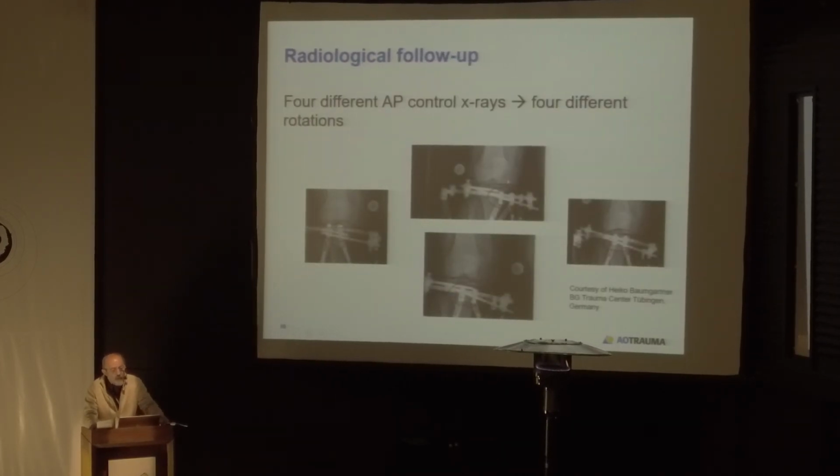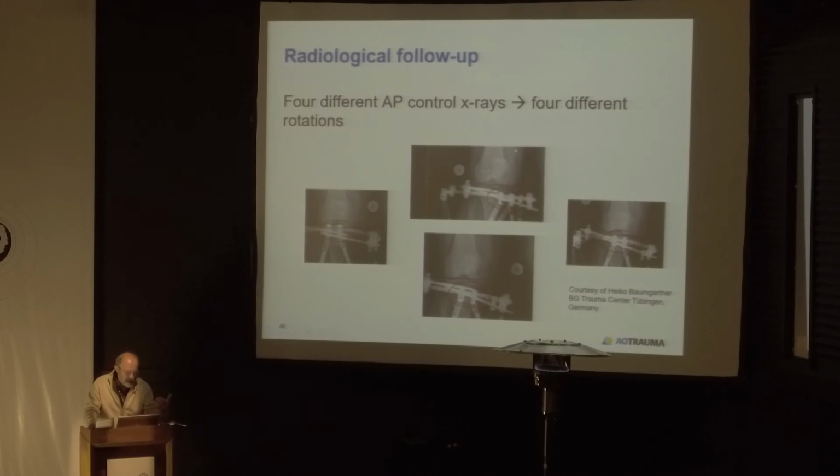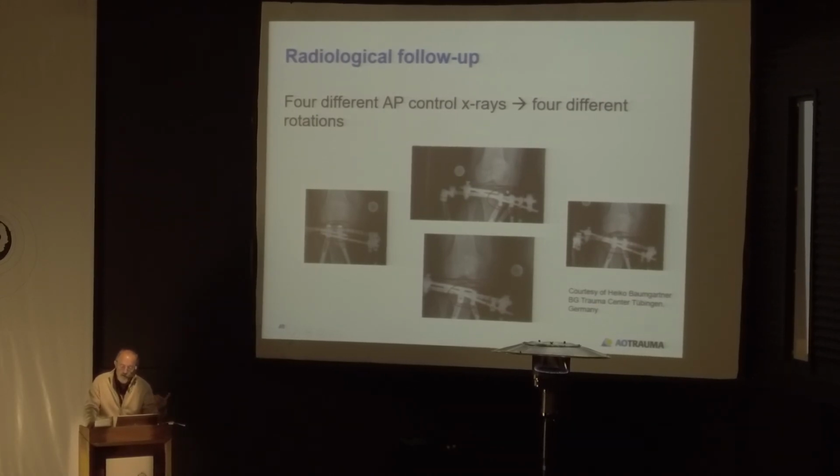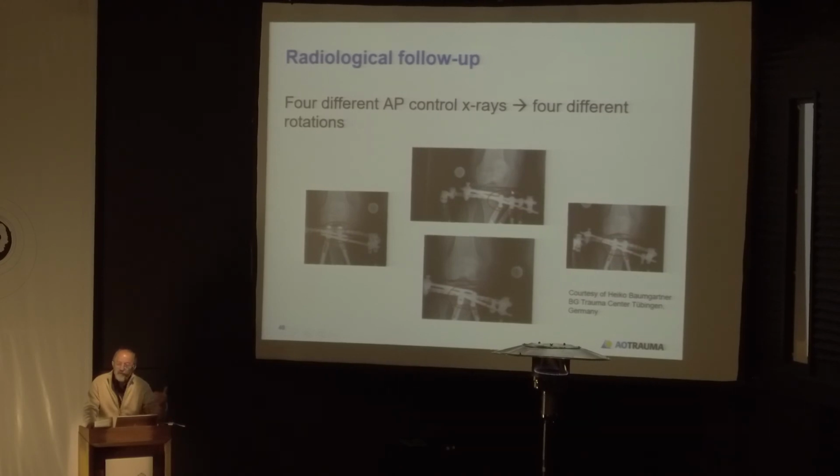Here I come to the point of the radiological follow-up. You know, this is a situation that gives you failures in the planning also. You send the patient to the X-ray department, and every time the patient is positioned in a different way, okay?